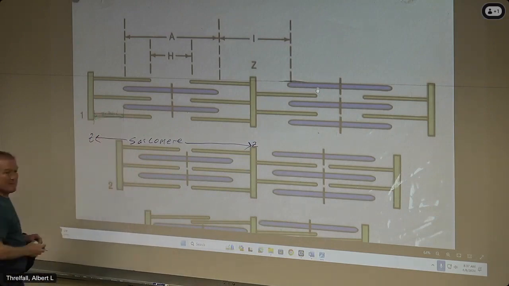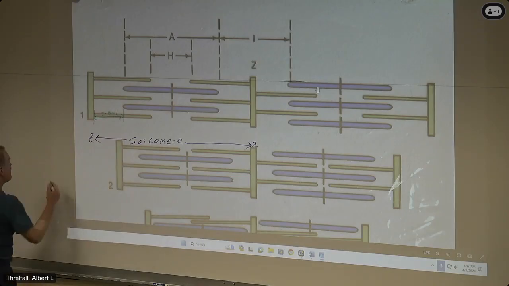And that's the I band. So the I band is just actin.